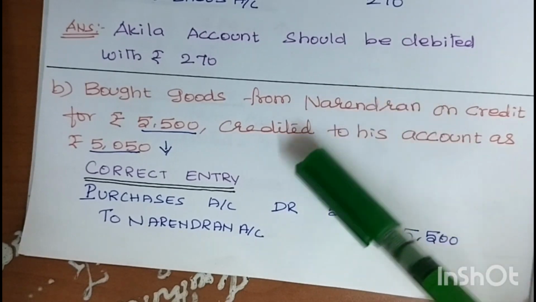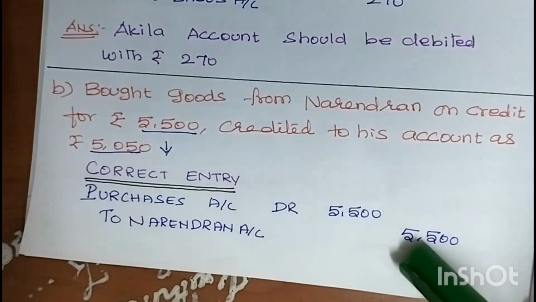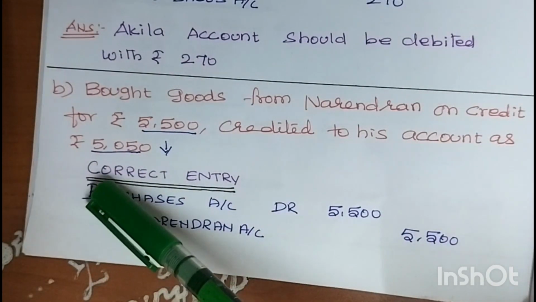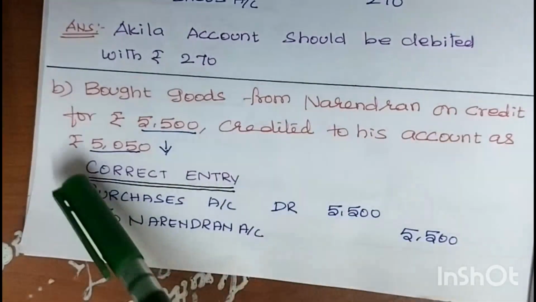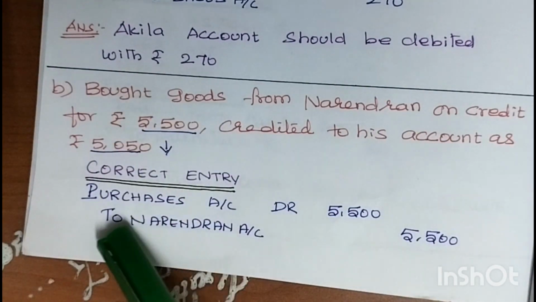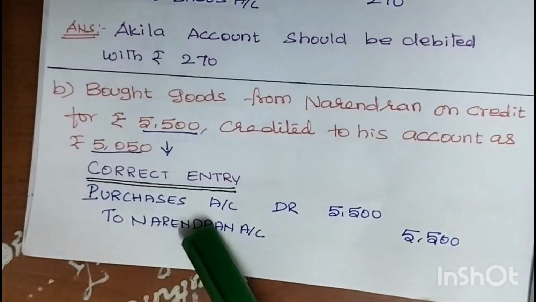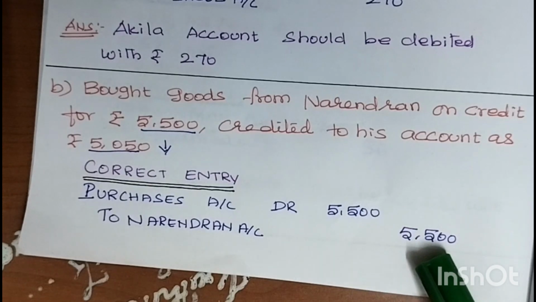Narendran is the giver. So credit the giver. To Narendran account 5,500. So the correct entry up to this: bought goods from Narendran on credit for rupees 5,500. The entry is purchases account debtor 5,500 to Narendran account 5,500.